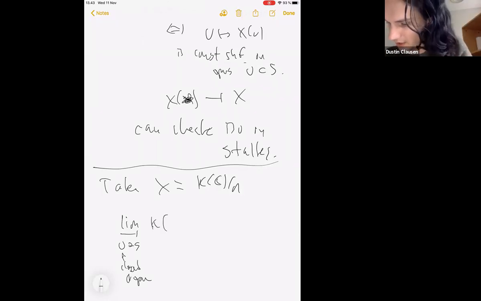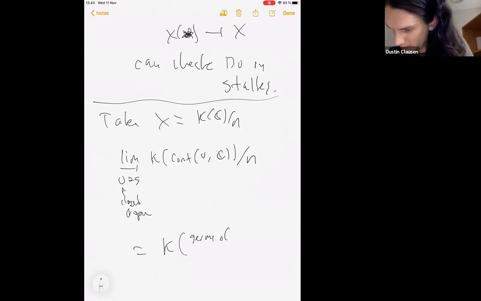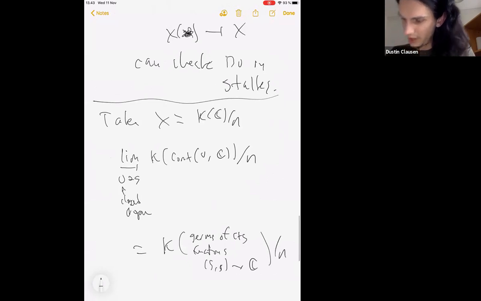So this is the K theory of continuous functions from U to the complex numbers. So we take this ring of continuous functions, and then modulo n. And this is the same thing as we can pass filtered colimits through algebraic K theory of rings. So that's the same thing as the K theory of the ring of germs of continuous functions from a neighborhood of the base point, modulo n.